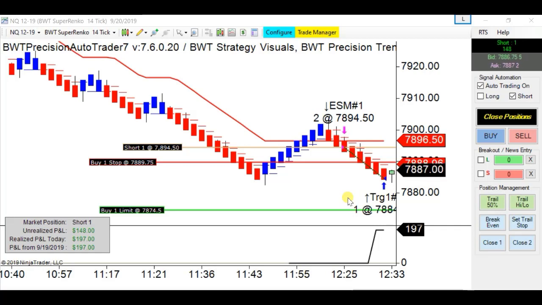We should be going lower. If they take me out, I'm going to keep the shorts on. This way, if volatility stop is broken again, I'm going to take another short. I don't think this is the end over here.